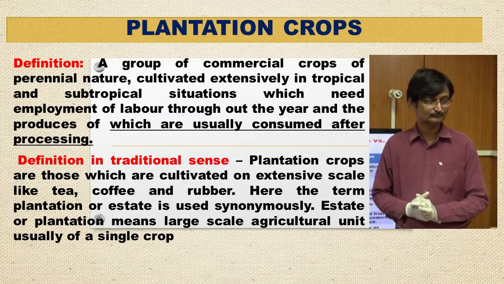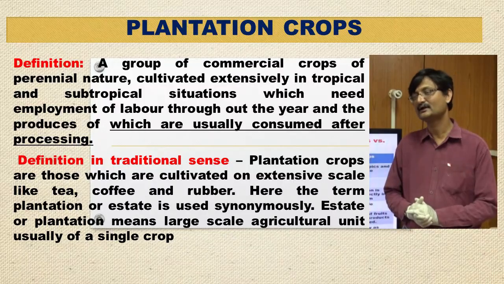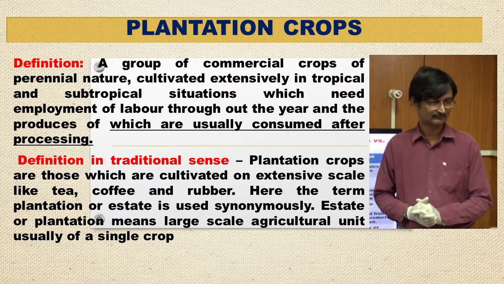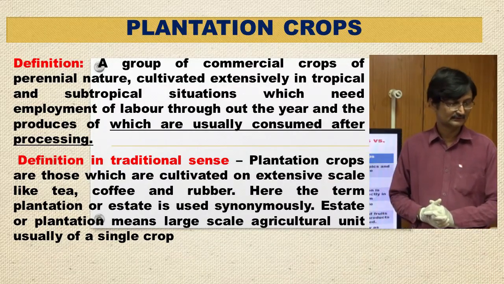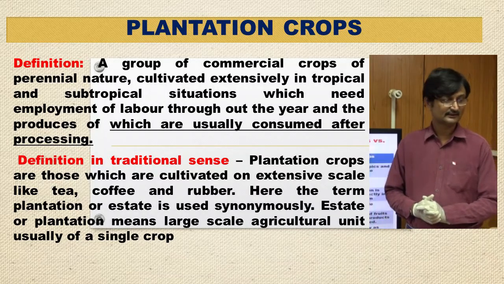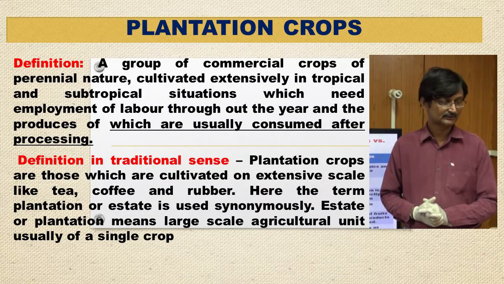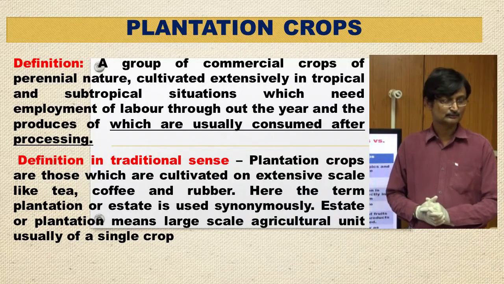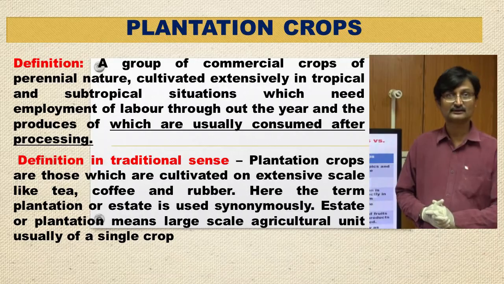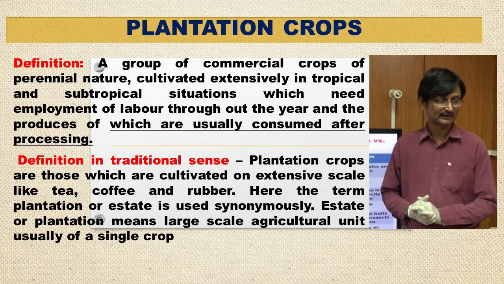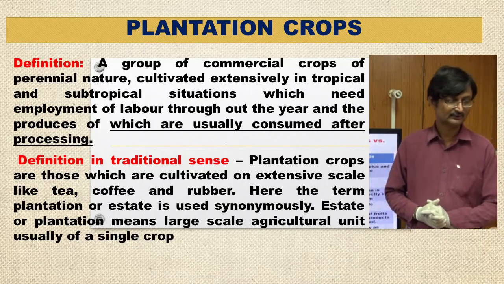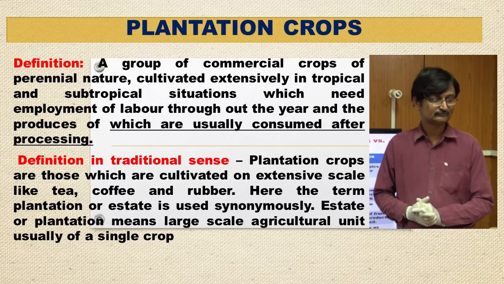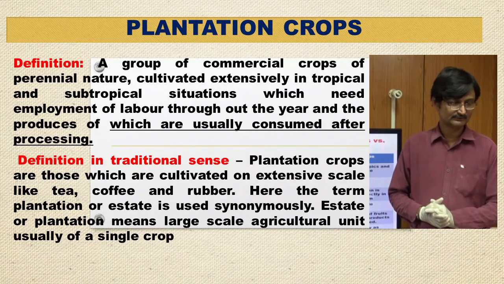Difference between plantation crops and general fruit crops. Under the feature climate under which cultivated, plantation crops are tropical in nature and mainly cultivated between 20° north and 20° south latitude.